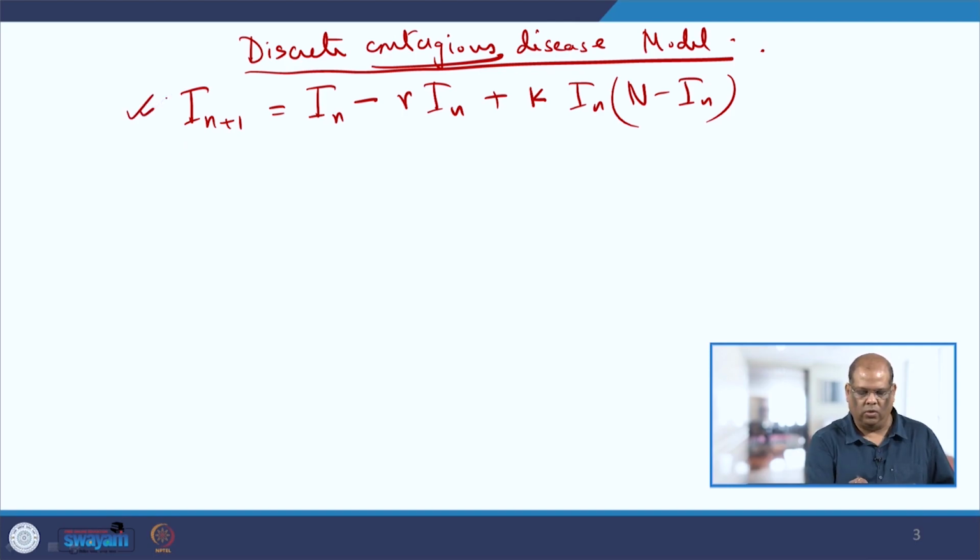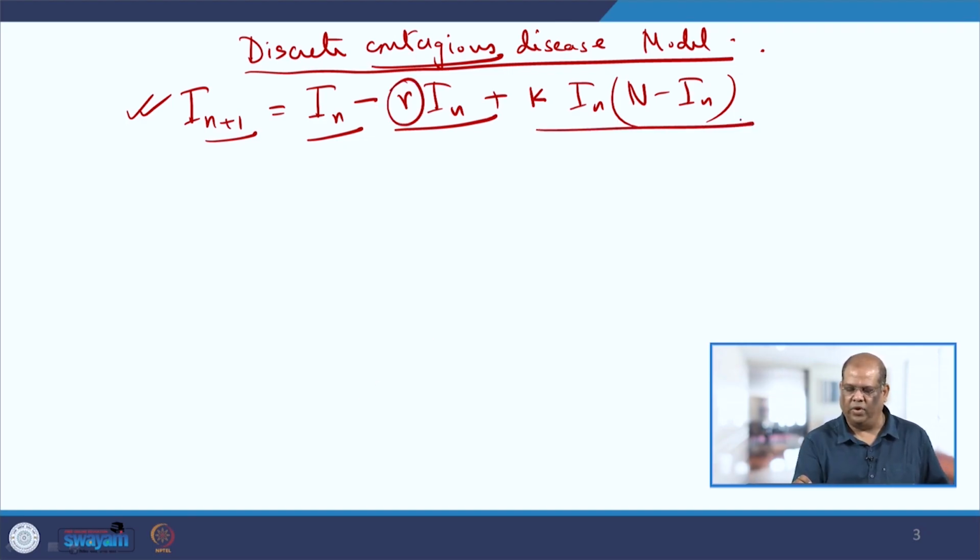Let me just go through it. This is the infected population at time n plus 1, this is the infected population at time n, this is the recovered from the disease which is fraction R, and this is the newly infected population which is directly proportional to I_n and N minus I_n, k is the constant of proportionality.